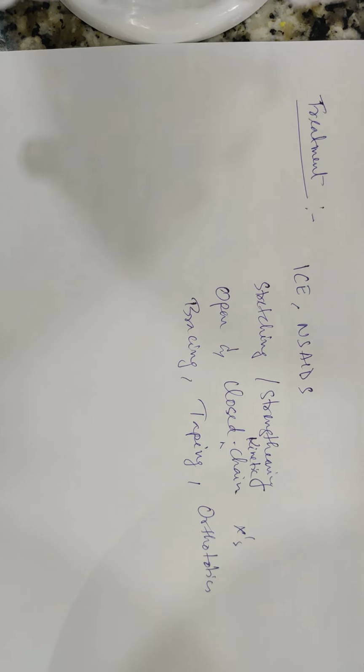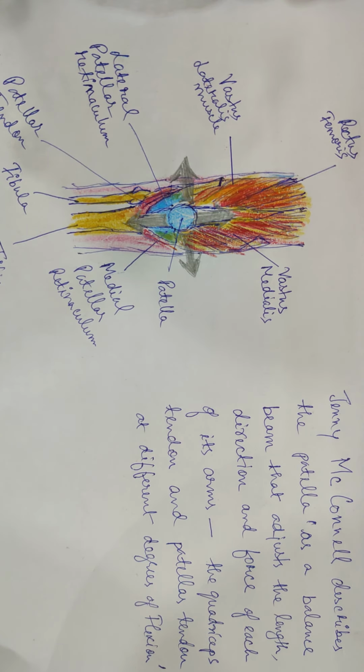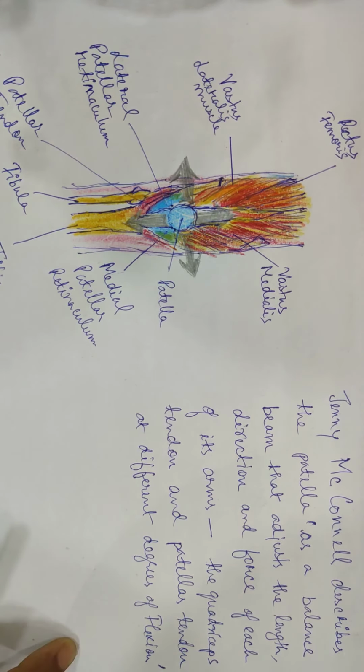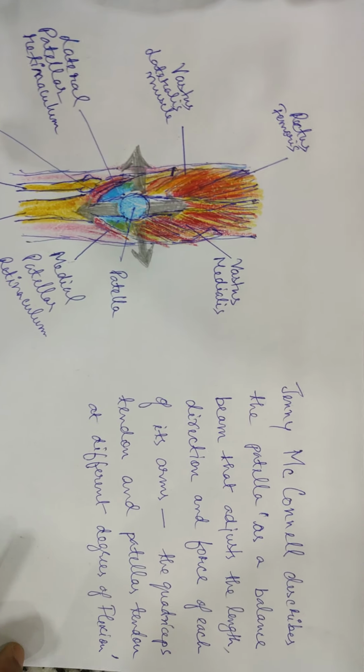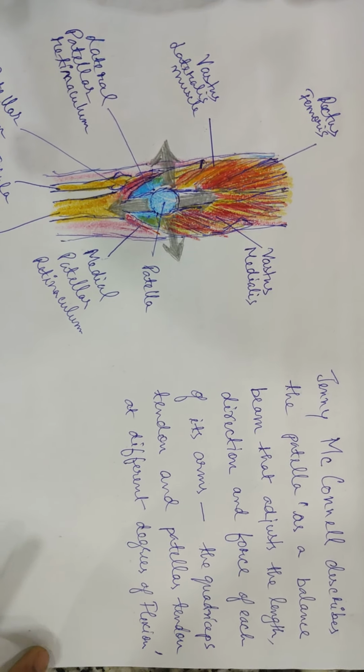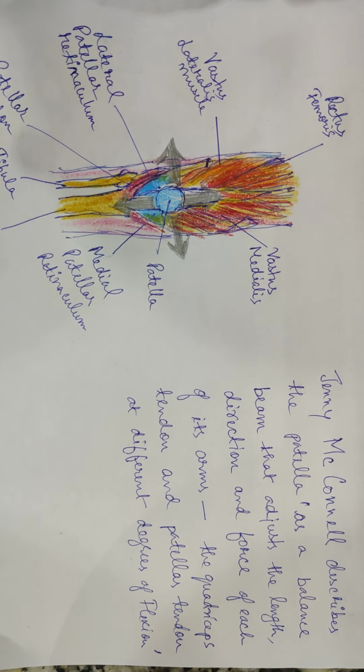So I hope that we have got an idea to understand this condition, patellofemoral syndrome, and how the maltracking or malalignment of the patella usually leads to this condition when the patella does not sit on the groove of the femur, when it is either laterally or medially pulled.